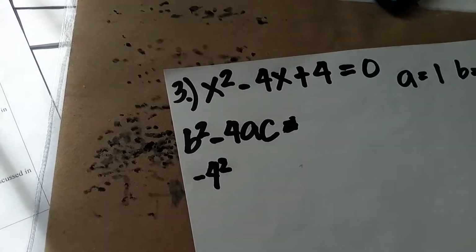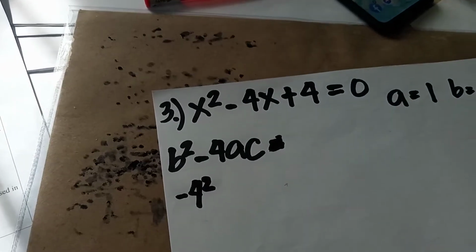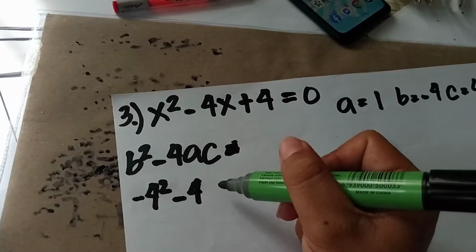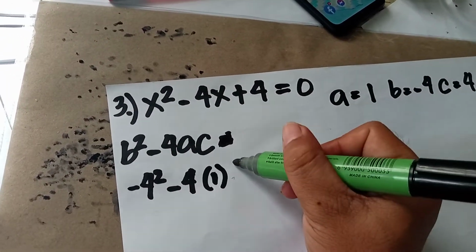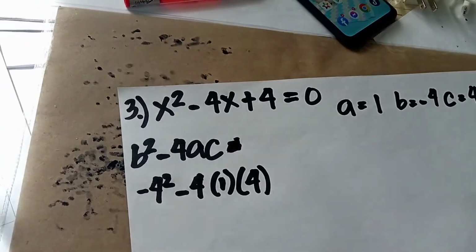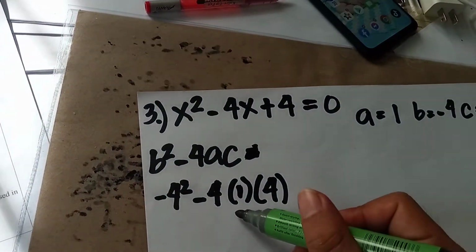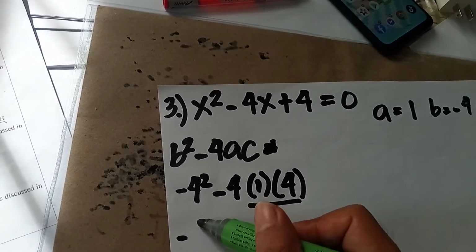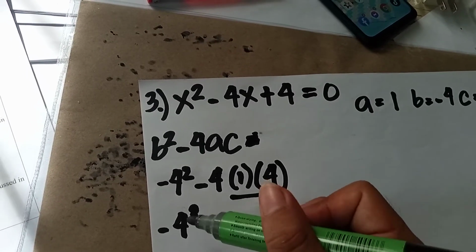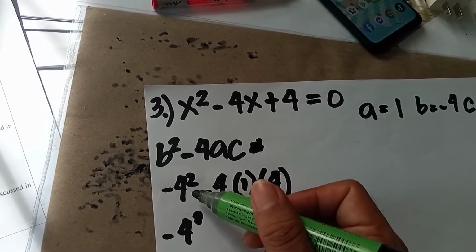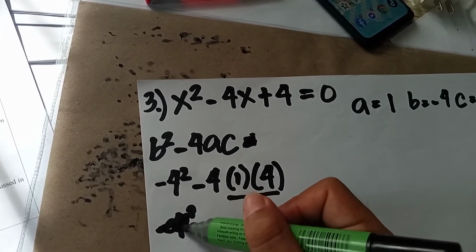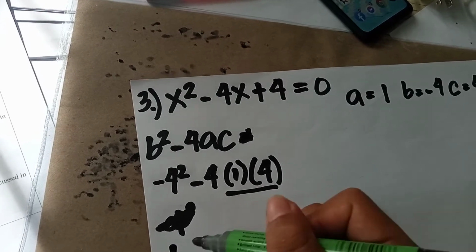Then copy negative 4. The value of a is 1. The value of c is 4. So multiply. Negative 4 squared: negative 4 times negative 4 is equal to positive 16.